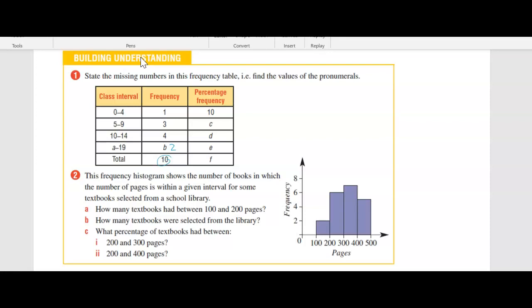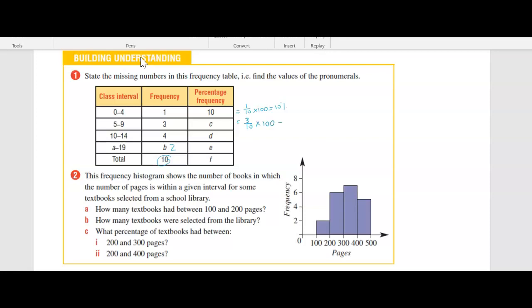And then to calculate the percentage frequency, we just go whatever the frequency is over 10. So I'm just going to do that over here. 1 over 10 times 100. That's where the 10% comes from. So for 5 to 9, our frequency is 3 over 10.